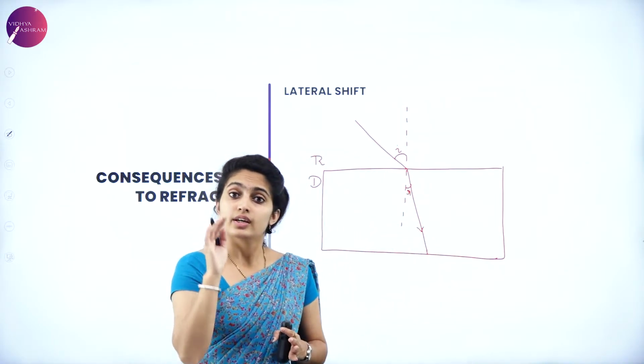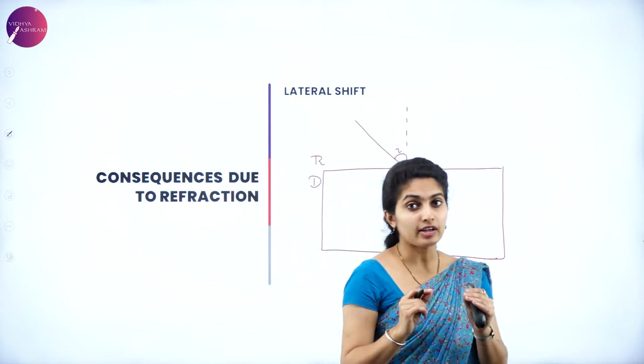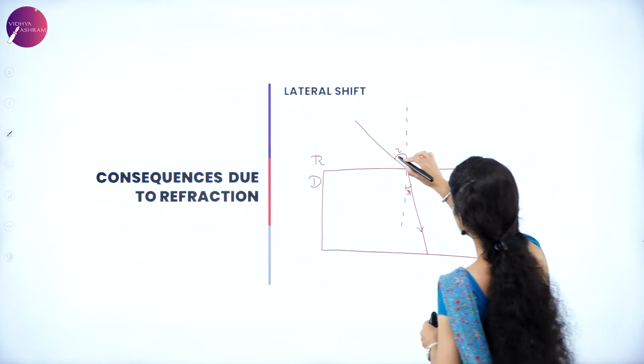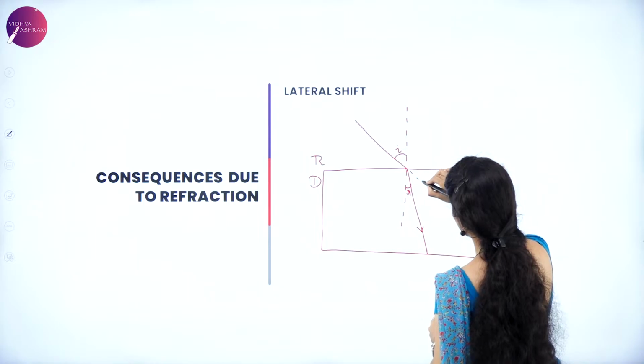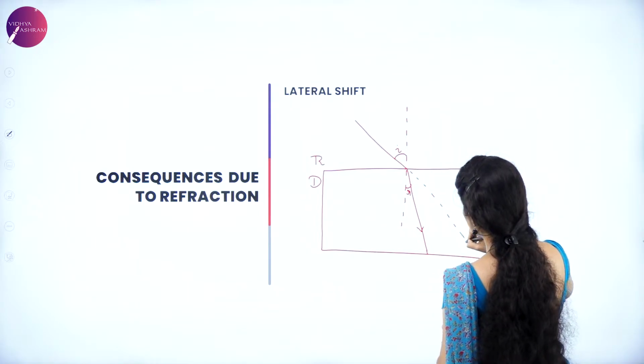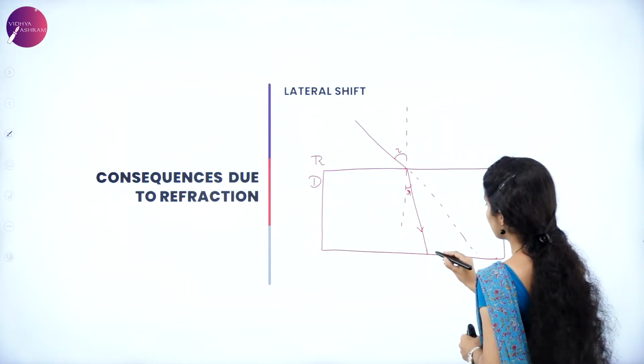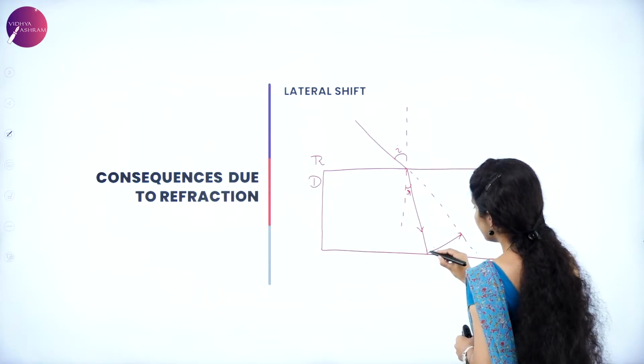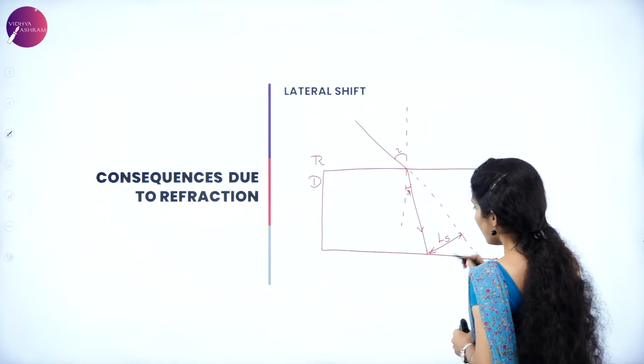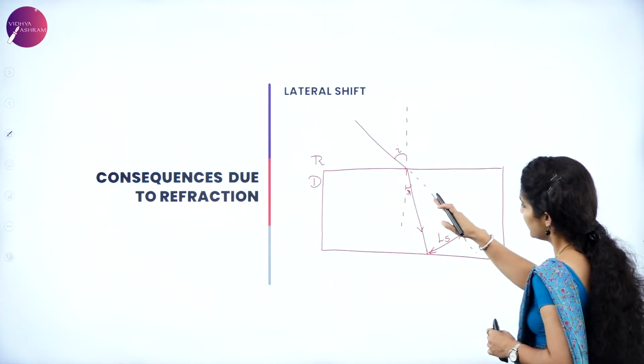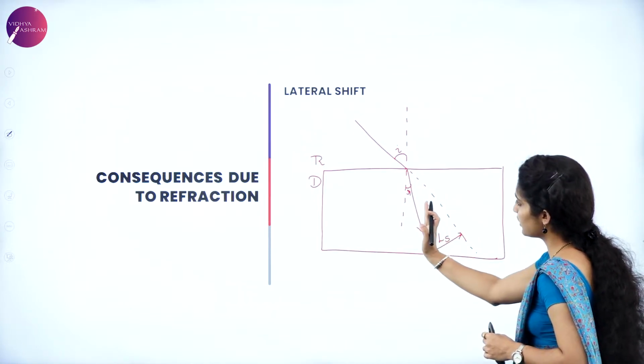Now give an imaginary path to the original path, that is, the incident ray. Just put dotted lines. It has shifted so much. From here to here, this distance is called the shift. There is a shift from the original incident path towards the other side.